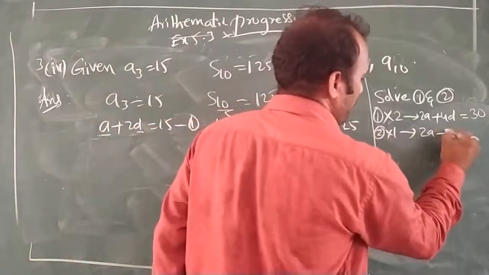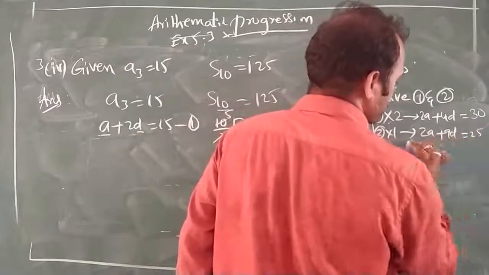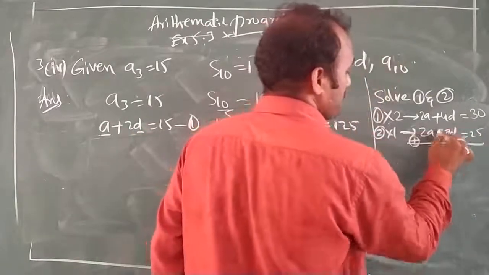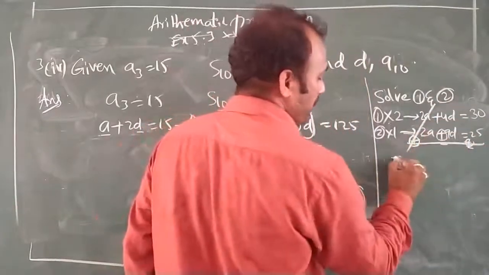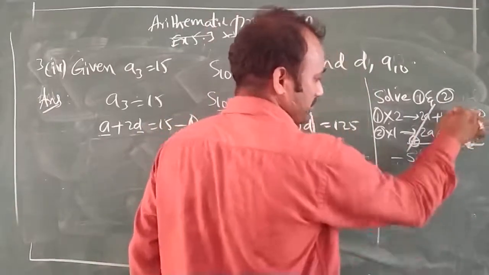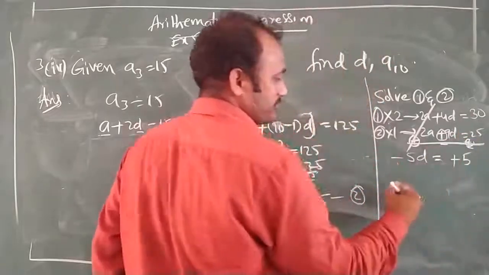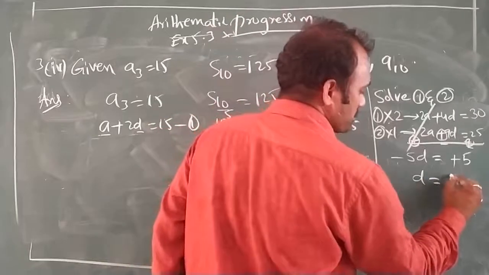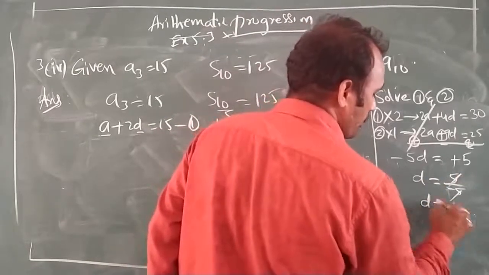So 2A plus 9D is equal to 25. Subtracting, plus becomes minus, and here also minus. These two get cancelled. 4D minus 9D is minus 5D, here plus 5. So the common difference is 5 by minus 5. The 5 gets cancelled. The common difference I got is minus 1.